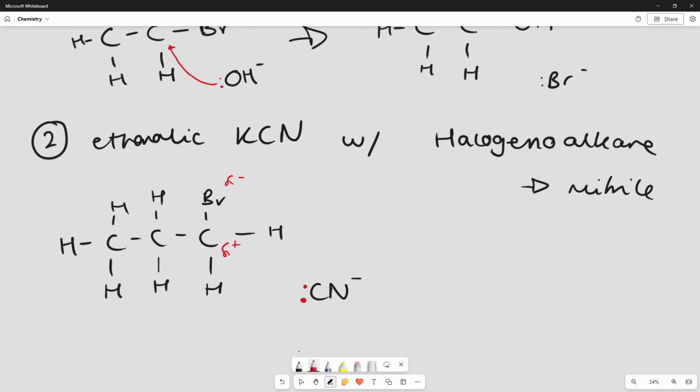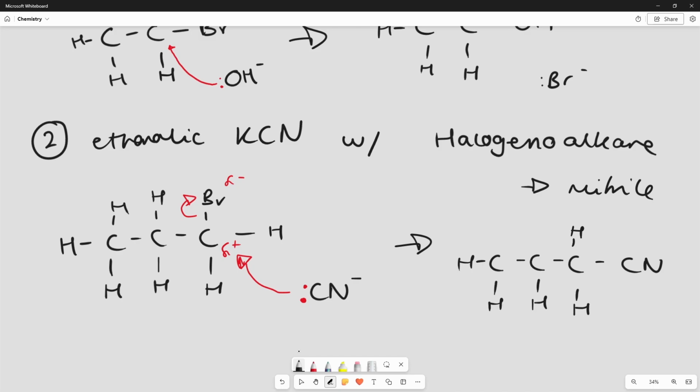The positively charged carbon will attract the lone pair of electrons, and subsequently the cyanide ion will attack the carbon atom, and then the carbon-bromine bond will break, and we will get resulting butanenitrile. And of course, a bromide ion.